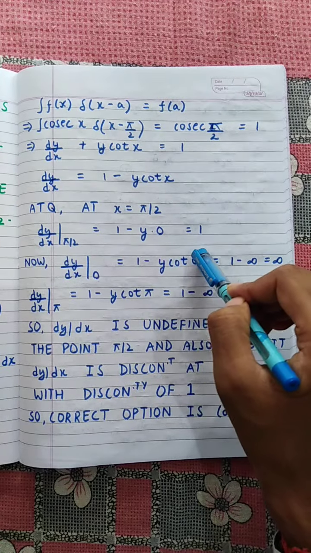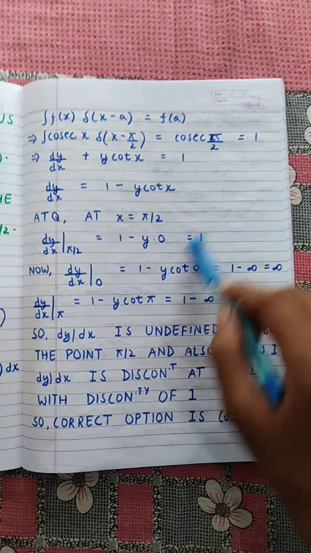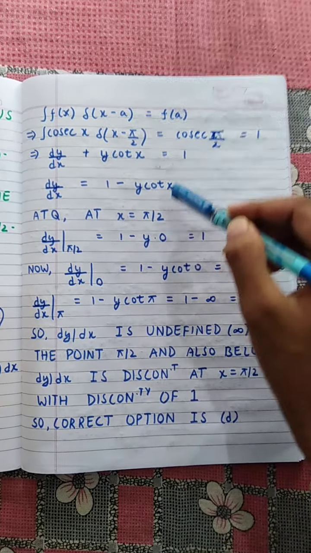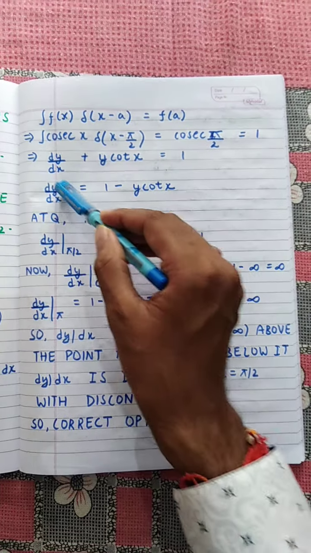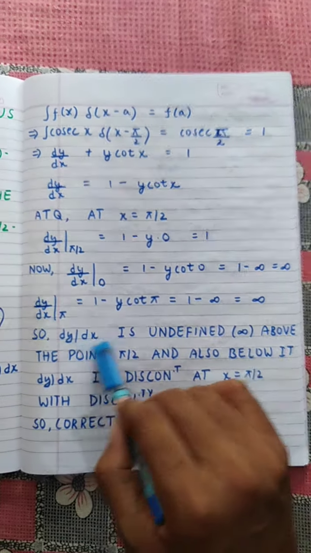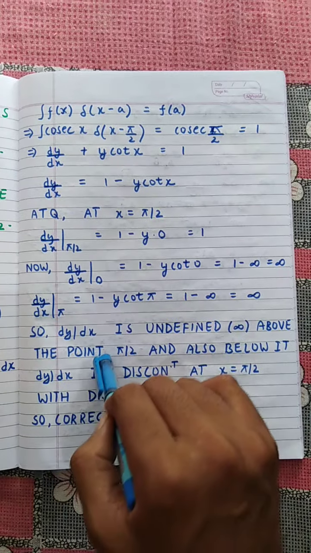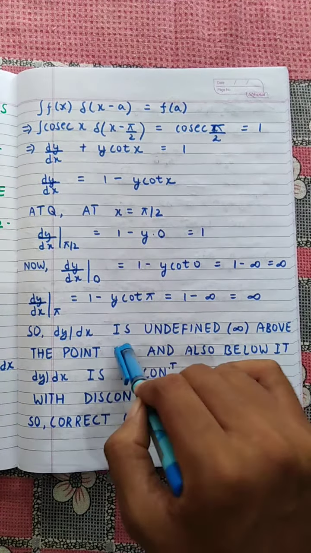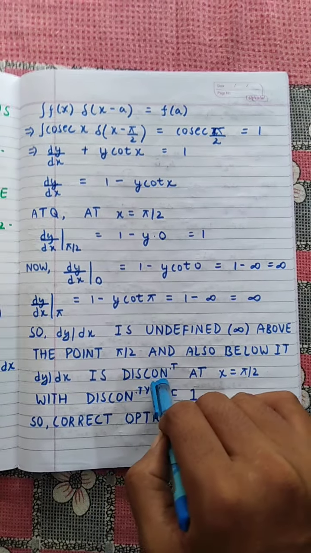So it has a discontinuity at the point x equal to pi/2, and what is the value of that discontinuity? That will be 1. We have to carefully observe how the values change at different points for the expression dy/dx. The value of dy/dx is undefined, that is infinity, just above and just below pi/2.